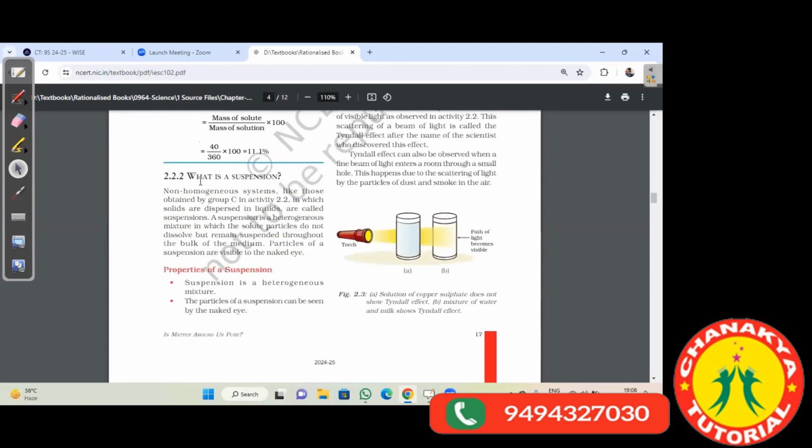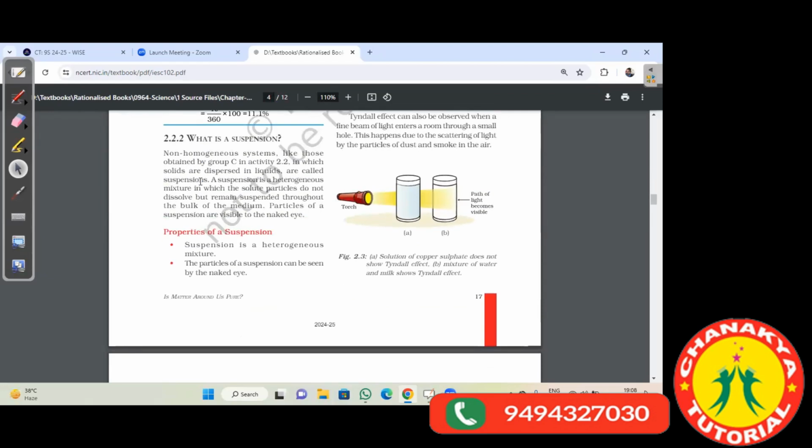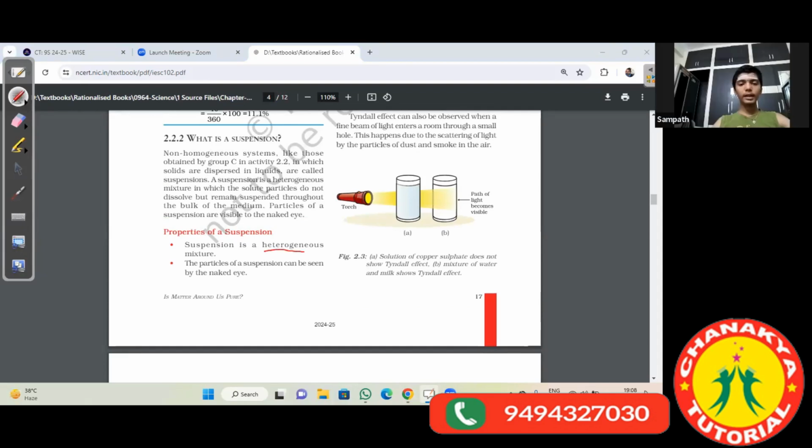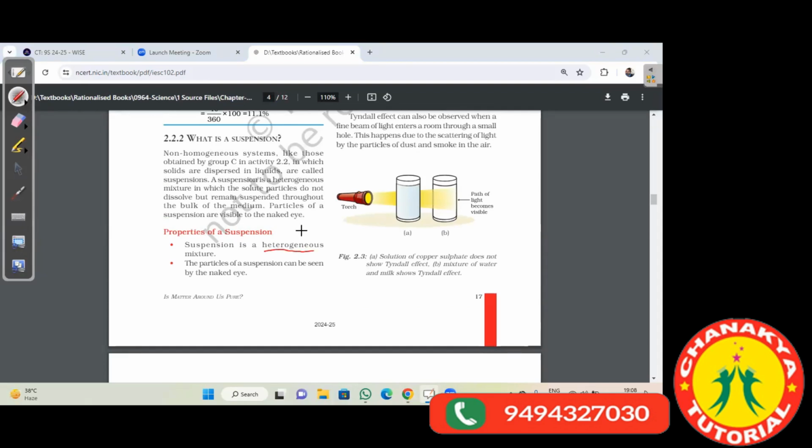Then we had seen what are suspensions. See, a suspension is a heterogeneous mixture. What are heterogeneous mixtures? Sir, where the particles form a separate layer. Yes, when the particles can be seen separately, we call those substances heterogeneous. So they are not uniformly mixed.